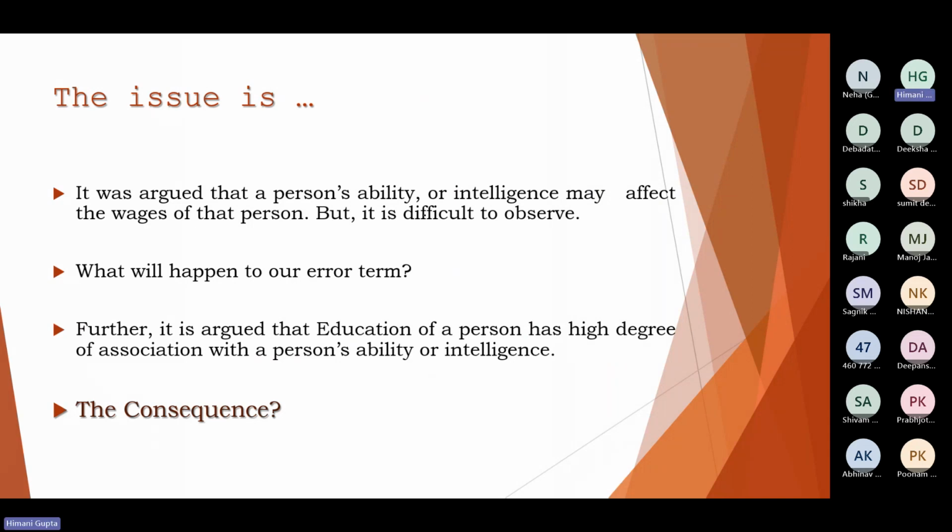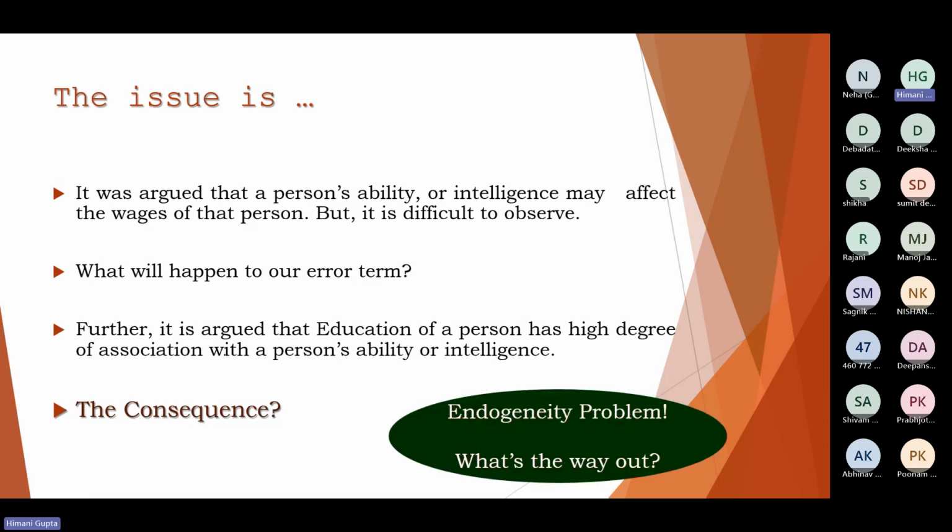The person's ability or intelligence may affect the wage of that person, but it is difficult to observe. Now, what can we do? Because that is sitting in the error term. And whatever your education is, education may play a major role in explaining the ability of a person. So that is the main problem of endogeneity.